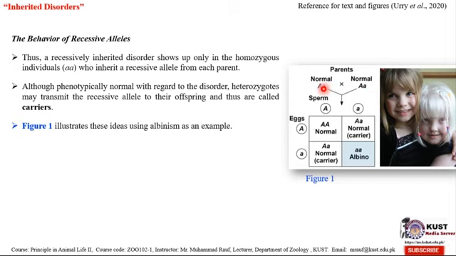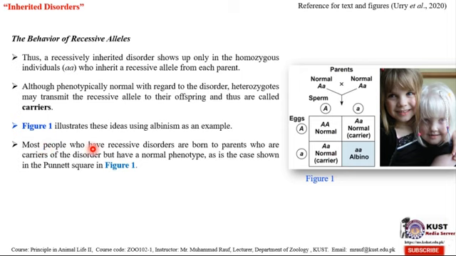So what will be the frequency of children affected with this condition in their offspring? You just construct a simple Punnett square. There you have 25% of the children will be normal, 25% will be albino, and 50% will be carriers. Carriers will be okay themselves, but they will have defective copies.